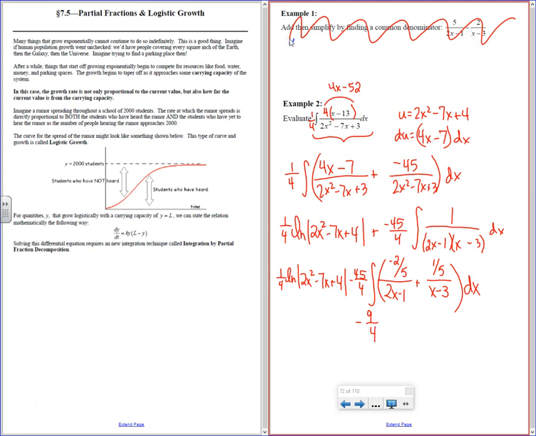And that's being multiplied by the integral of, I could call it a negative, that doesn't really matter, negative 2 over 2x minus 1 plus 1 over x minus 3. I need some ln's and to be careful with the u sub, but I'm almost there, cool kids.